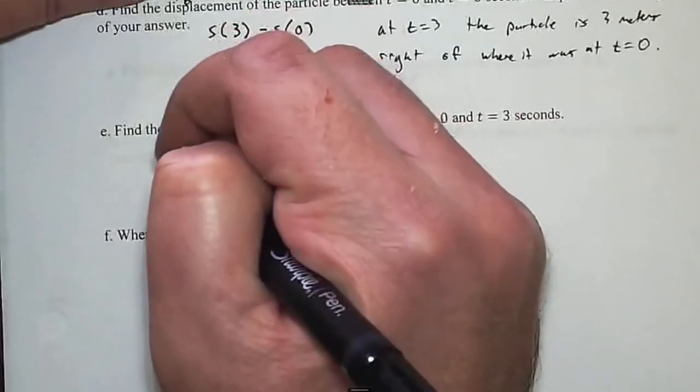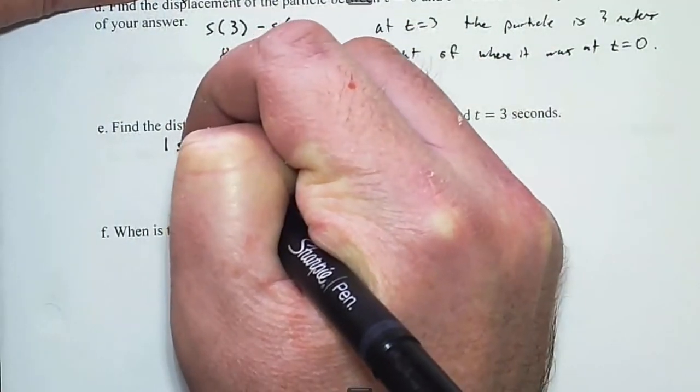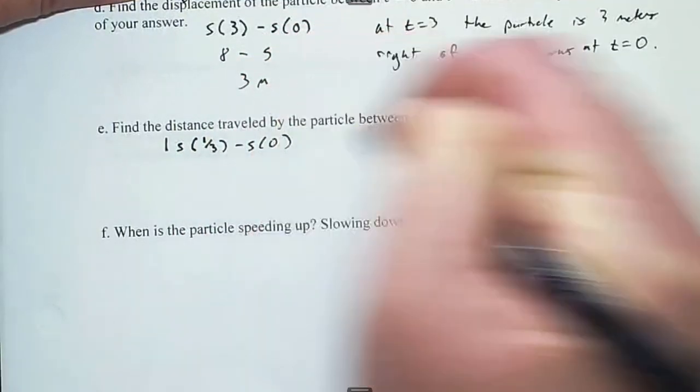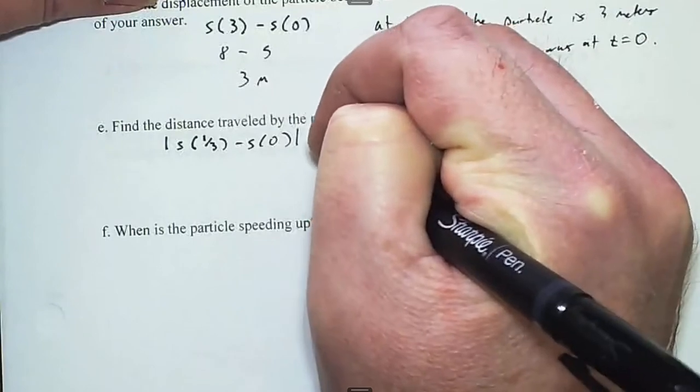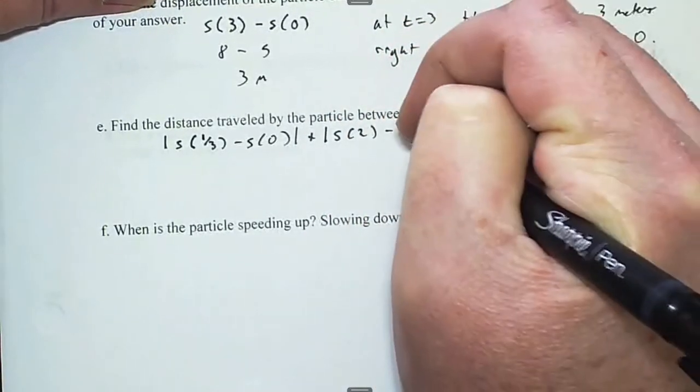So we're going to find the absolute value of the displacement from 0 to 1/3. That's s of 1/3 minus s of 0, plus the displacement from 1/3 to 2.